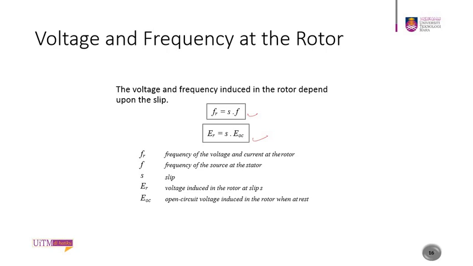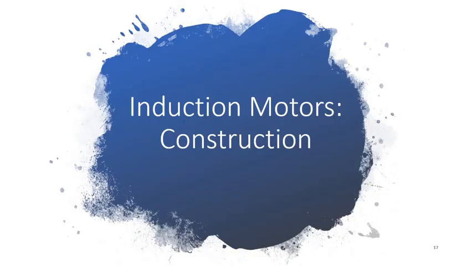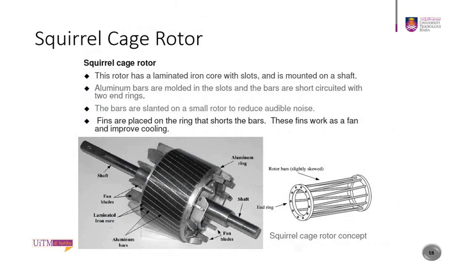So now we look into the construction. Construction of the induction motor. So first will be the squirrel cage rotors. So we'll look into the rotor part. Squirrel cage rotors.